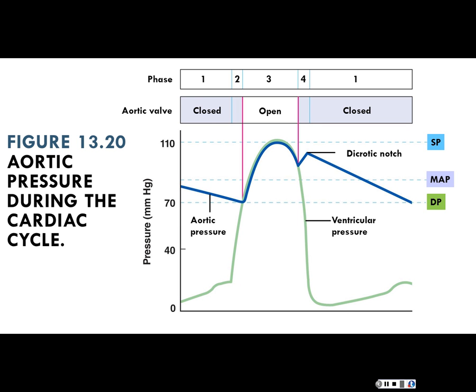So again, we're labeling our systolic pressure, our diastolic pressure, and mean arterial pressure. Any questions thus far? All right, so this is the pressure changes that we would see in, say, the left ventricle.